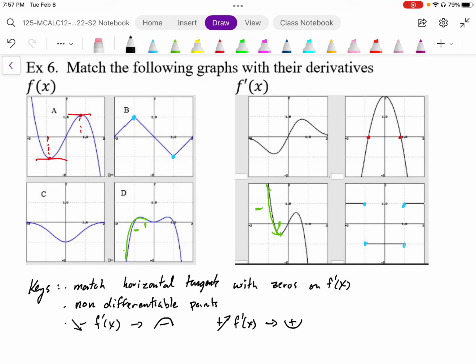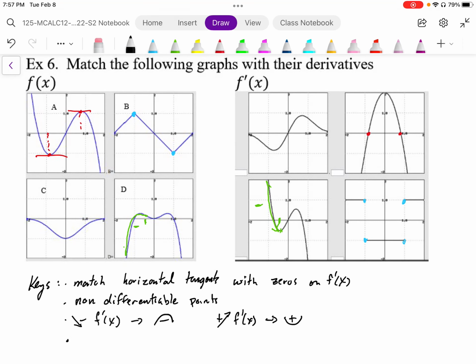There's one more piece that we should consider: if the function is a polynomial, the derivative is 1 degree less.